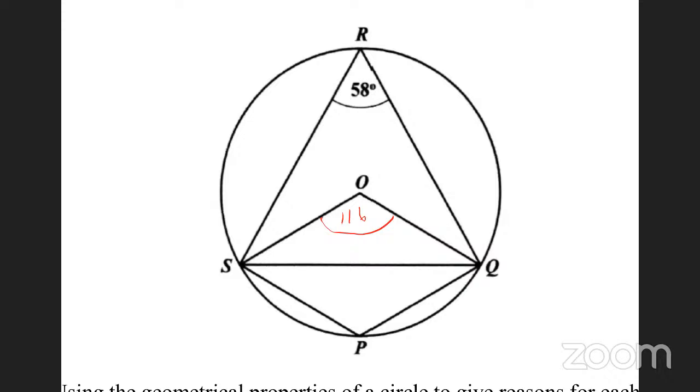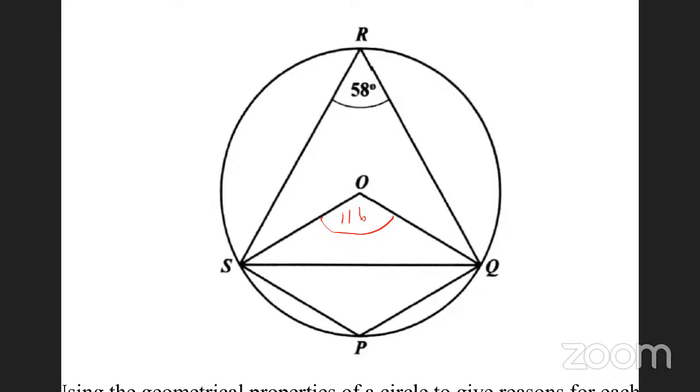Everybody see the next shape? Look at the overall shape inside this circle. What's the shape? A cyclic quadrilateral. You're seeing that? RSQP is a cyclic quadrilateral, right?